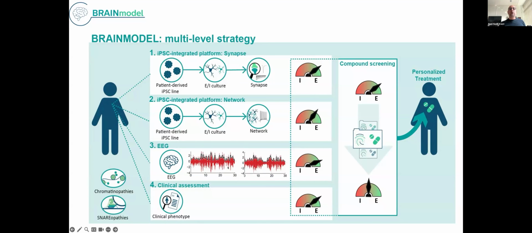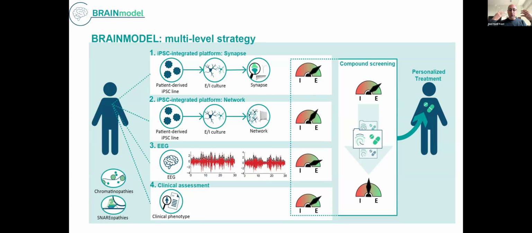Now, when we have these whole measurements, there's also, of course, some kind of framework in which we like to work, and the framework in which we have designed all our experiments is, maybe some of you have heard, this balance between excitation and inhibition.